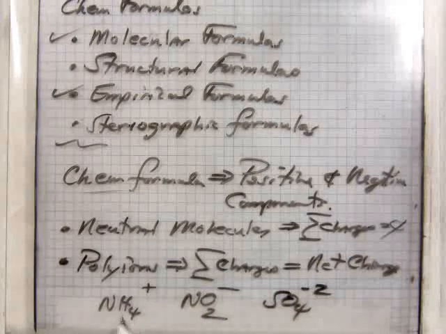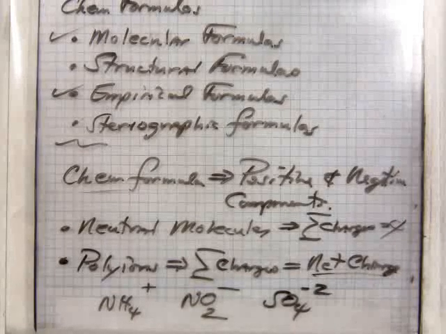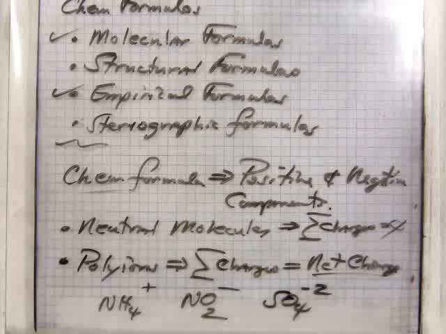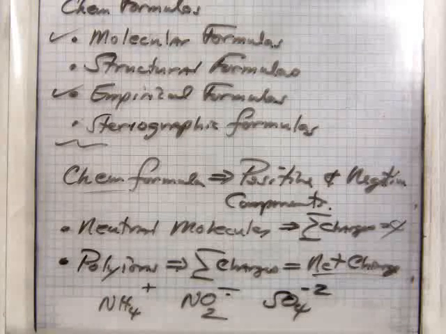But the elements within this structure have what they call formal charges, and the sum of all those formal charges gives a net charge, and that's what this refers to. Now, we will learn how to determine the formal charges of each element when we get to chemical bonding. But for right now, a molecule that's carrying a charge has a net charge and is classified as a polyion and is the positive or negative fragment of the molecule.